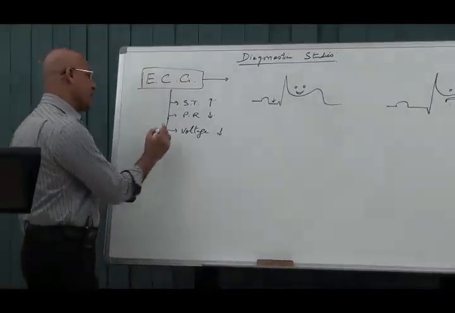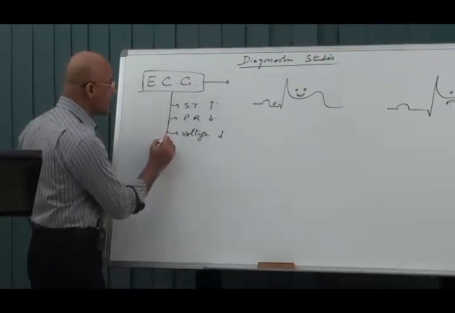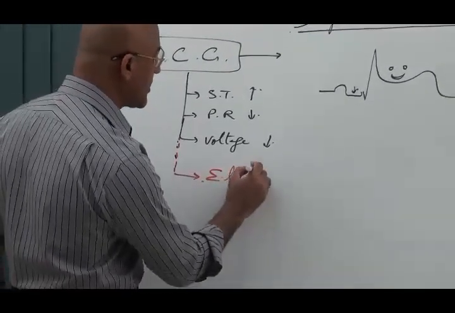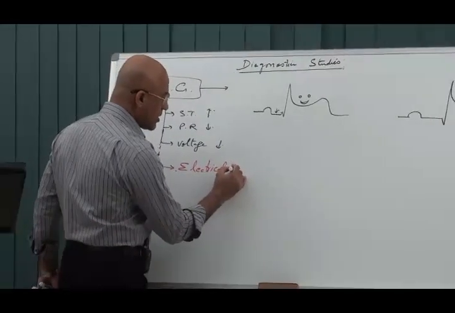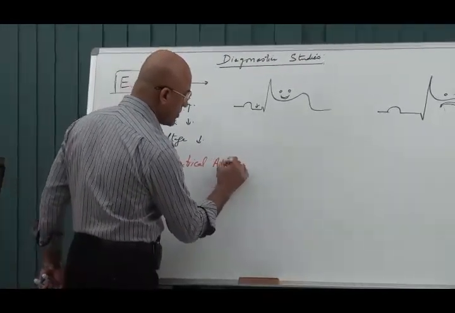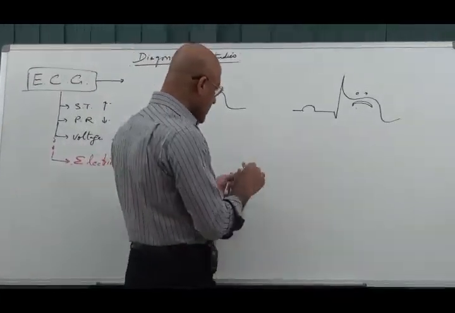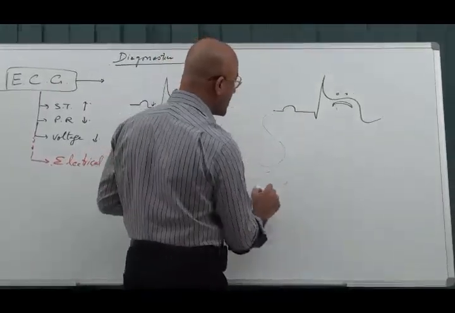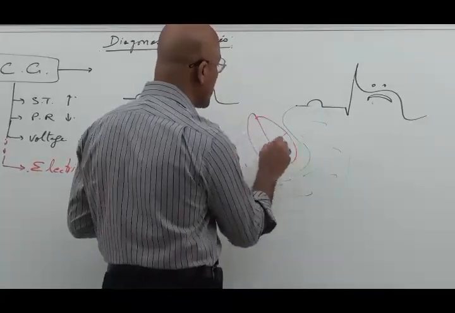And now I come to the real and important electrocardiographic finding, right? Which is important. That is the electrical alternans. I will tell you what it is. Actually, what really happens is that this is a fluid-filled cavity, and the heart is dangling into it and moving, right?